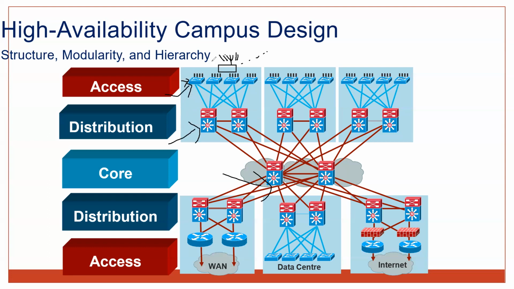Otherwise, someone can create a backdoor, and from your access layer, they can try to compromise the distribution, or rather bypass it. They can bypass the distribution, bypass the core, and somehow reach the data center servers. Right. So these security measures are also very important.